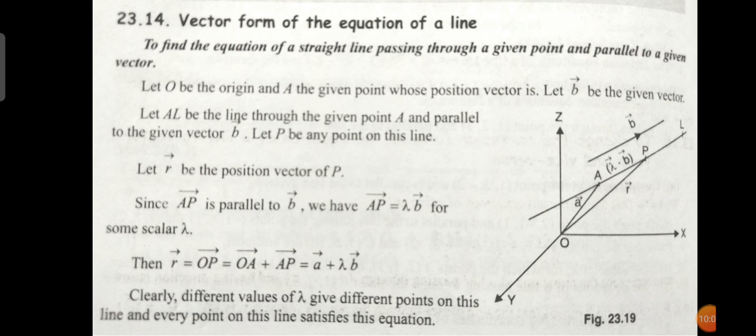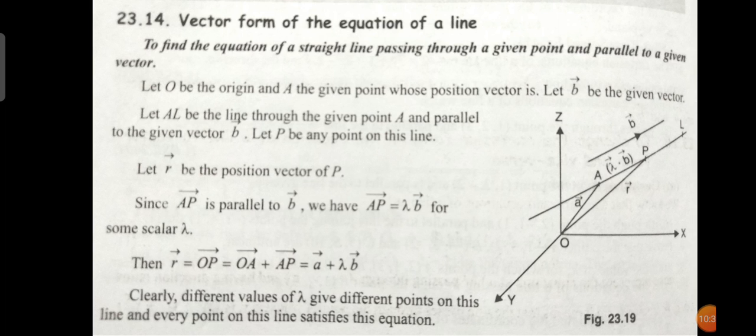Now what is vector r? Vector OP is vector OA plus vector AP. Vector OA is vector a, and vector AP is lambda b. So we get vector a plus lambda vector b equals vector r.